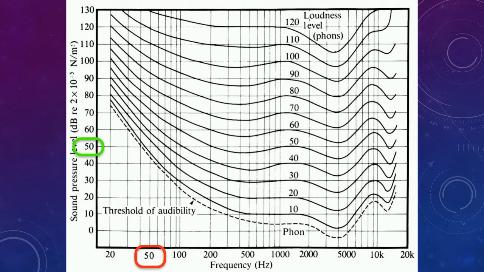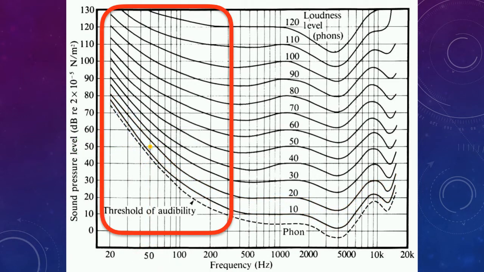Let's stay on the 50 dB line and move over to 50 Hertz. That point is between the 10 and 20 fon line at about 14 fons. That means a 50 dB 50 Hertz tone has a loudness of only 14 fons. That is very soft. Notice that all the curves turn up at lower frequencies.